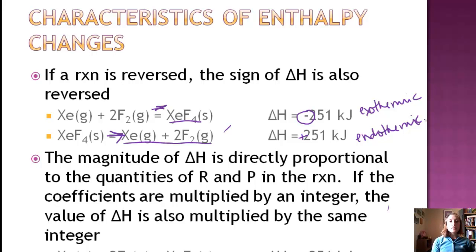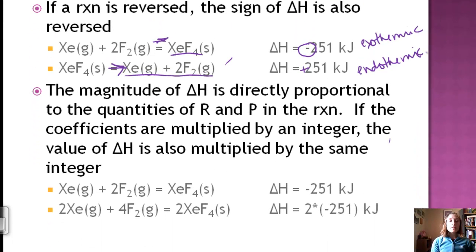The other thing to consider is magnitude. The magnitude, or the value of delta H, is directly proportional to the quantities or the amounts of the reactants and products. So if we multiply all the coefficients in the balanced chemical reaction by an integer or any number, then the value of delta H is also multiplied by the same integer.